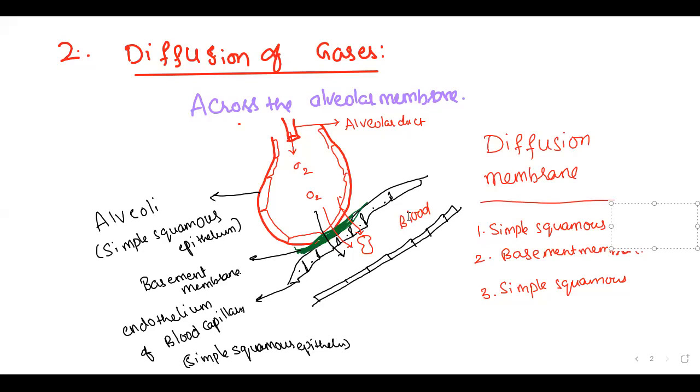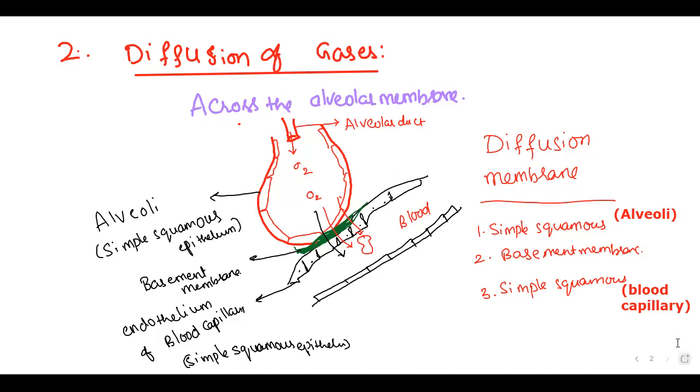So: simple squamous epithelium of alveoli, simple squamous epithelium of blood capillary, and in between them there is a basement membrane. We call it the diffusion membrane. That's it. This is the diffusion of gases across the alveolar membrane into the blood capillaries.